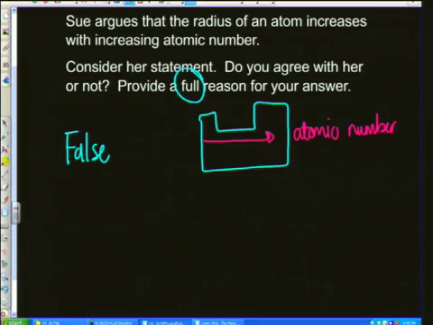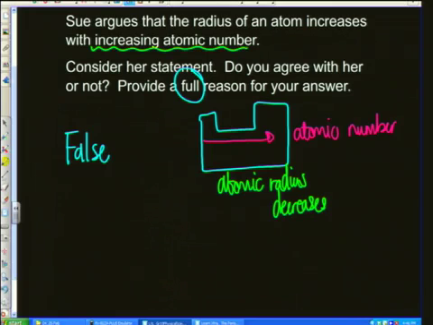But what do we notice about the atomic radius? Actually, as it goes across, the atomic radius decreases, which is in complete contradiction of her statement. She said that the radius increases with increasing atomic number. But as you go across, the radius decreases. It's high over this side and low across there.